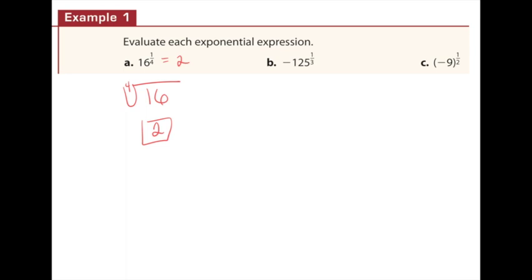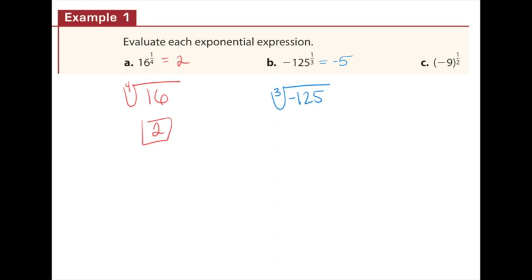Negative 125 to the 1/3 is the same thing as the cube root of negative 125. That denominator represents my index. We know the cube root of 125 is 5, and since this is negative, that's going to be negative 5. Let's look at this last one.